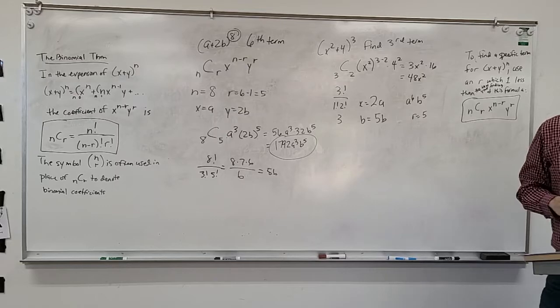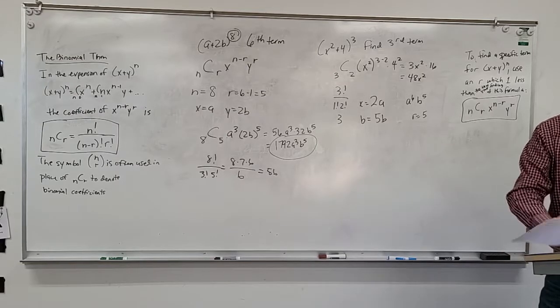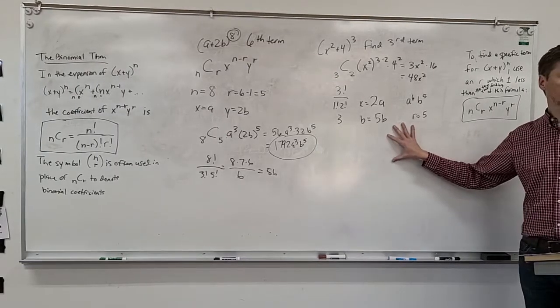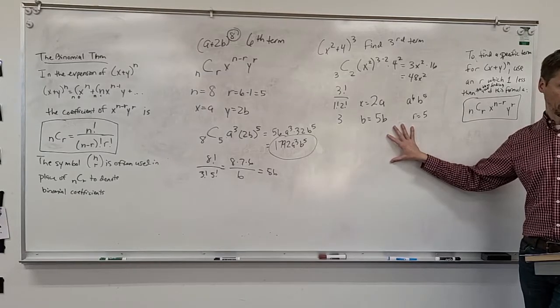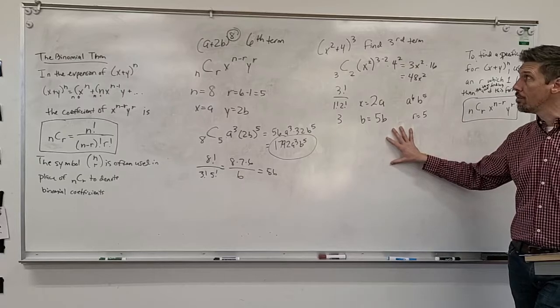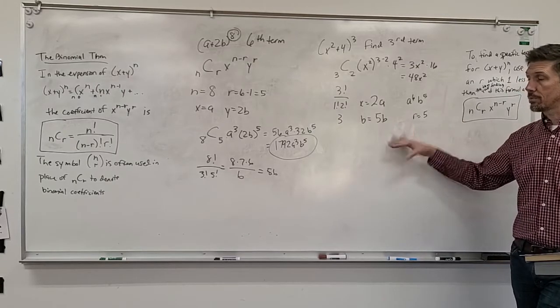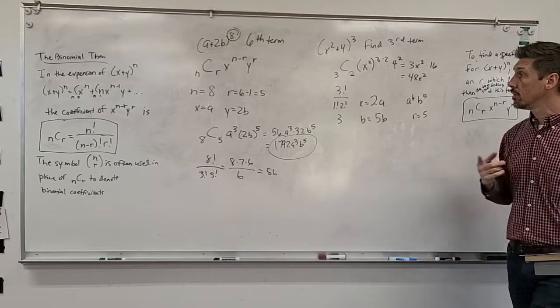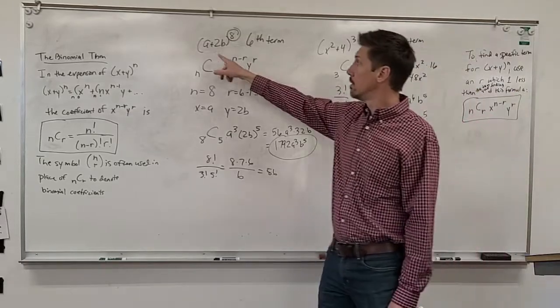All right, I know we're about out of time, so I want to do Pascal's triangle. But did I lose anybody when I did this? I guess another way you can think about it is you know that this starts with a power of 11 on the first term, the x term, the a term.